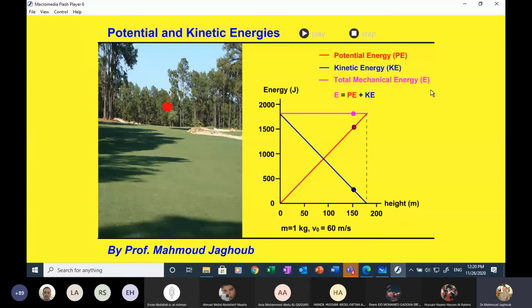I can also say that the change in potential energy plus the change in kinetic energy equals the work done by non-conservative forces. If the non-conservative forces do no work, then I get delta K plus delta U equals 0.